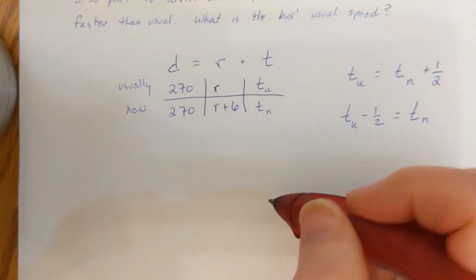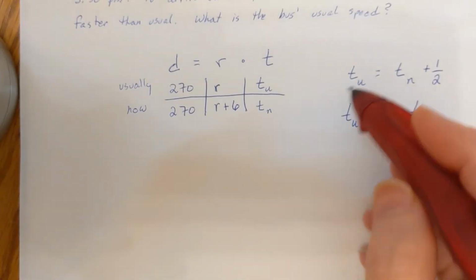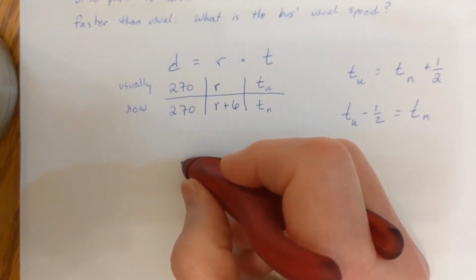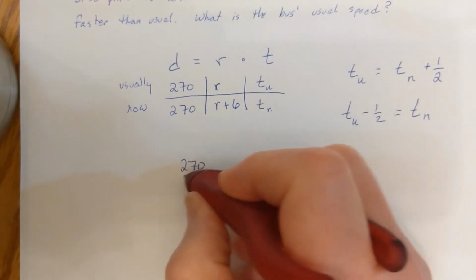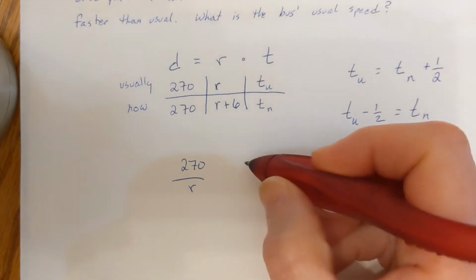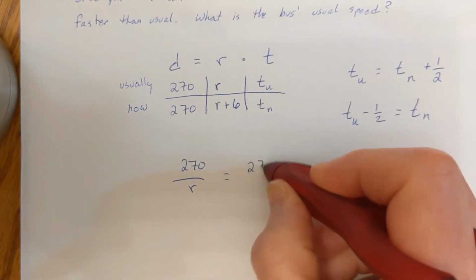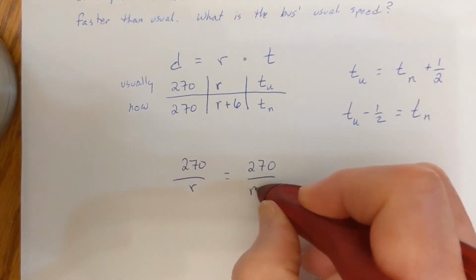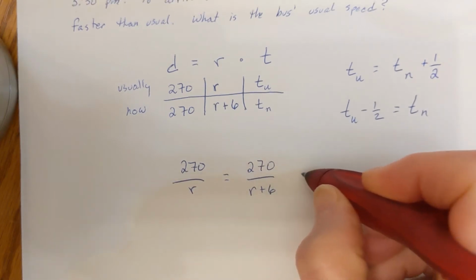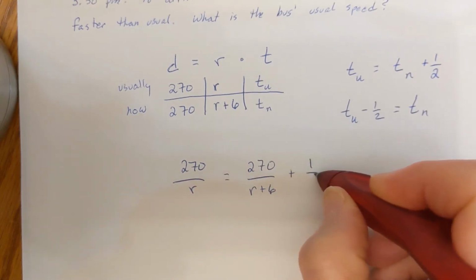Time is distance divided by rate, so time usual is 270 over R. That equals 270 over R plus 6 plus 1/2.